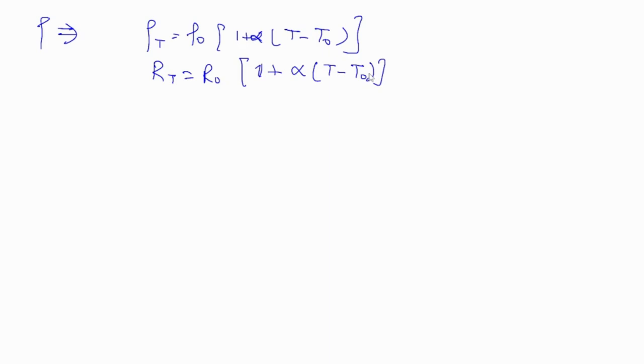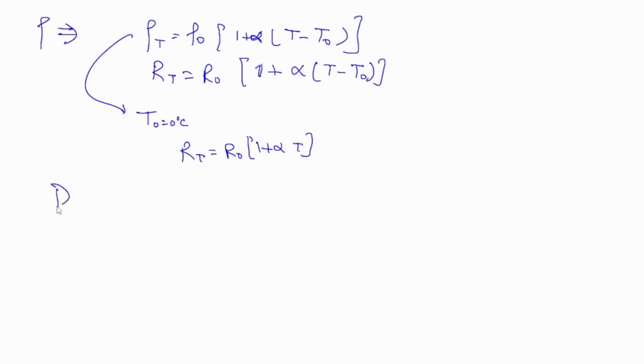Alpha is a constant known as the thermal coefficient of resistance of a material. If T0 is 0 degree Celsius, then R T is R0 into 1 plus alpha T, and from here alpha equals R T minus R0 upon R0 into T.